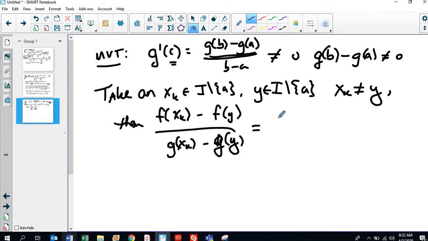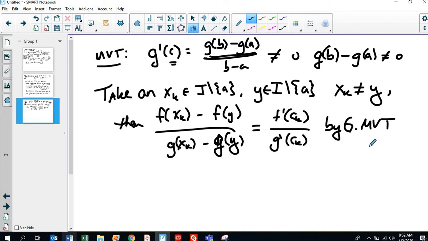And so this has to be equal to some f prime of c sub k over g prime of c sub k by the generalized mean value theorem. And this is true for every k in the natural numbers because x sub k is a sequence. So if I take one of them, I can do this, and so for any of them, I get a sequence of c sub k's also. All right?